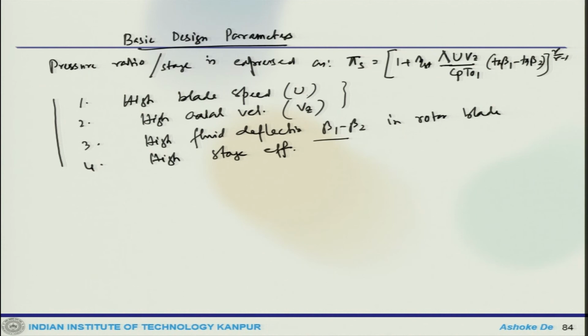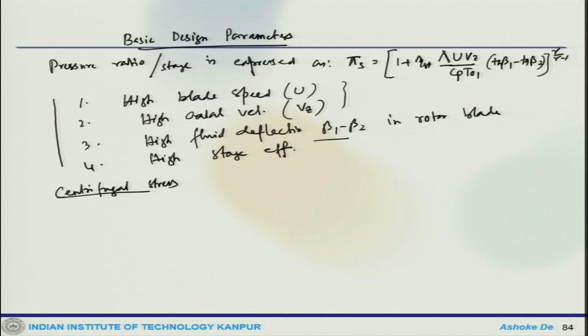Now, when we talk about high blade speed or axial velocity, we have different loads. One of them is the centrifugal stress. So, what happens?